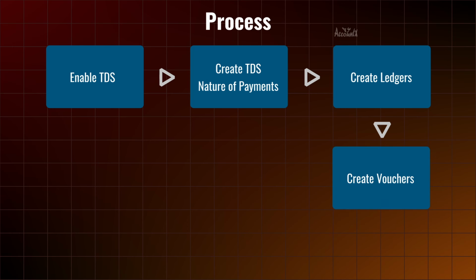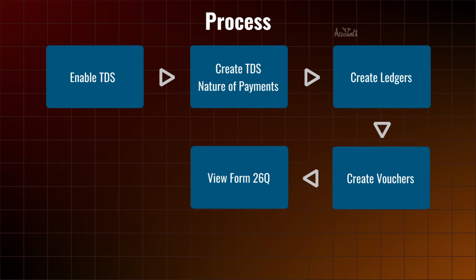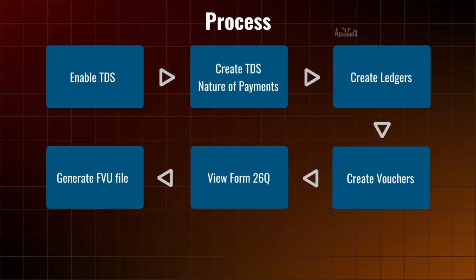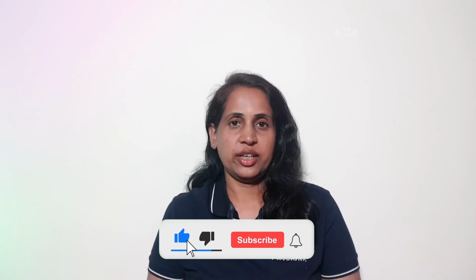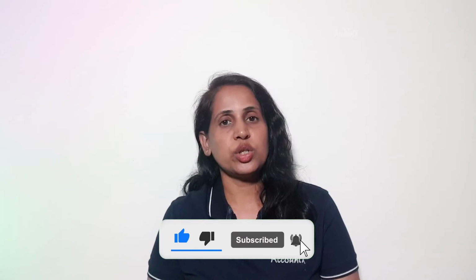After that, we are going to create vouchers, both purchase and payment vouchers. Then we are going to view form 26Q, that is your TDS return form. Here we are also going to have a quick understanding of the concept challan reconciliation. After that, we'll see how to generate FVU file using file validation utility. More on this FVU later. Let's now navigate to Tally.